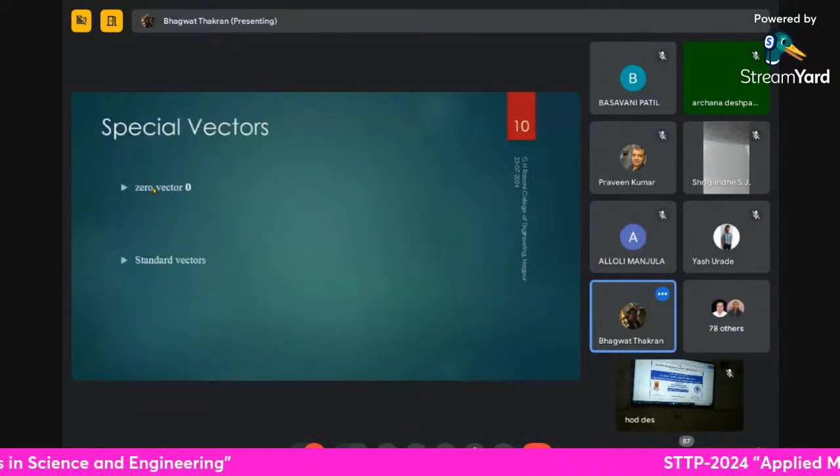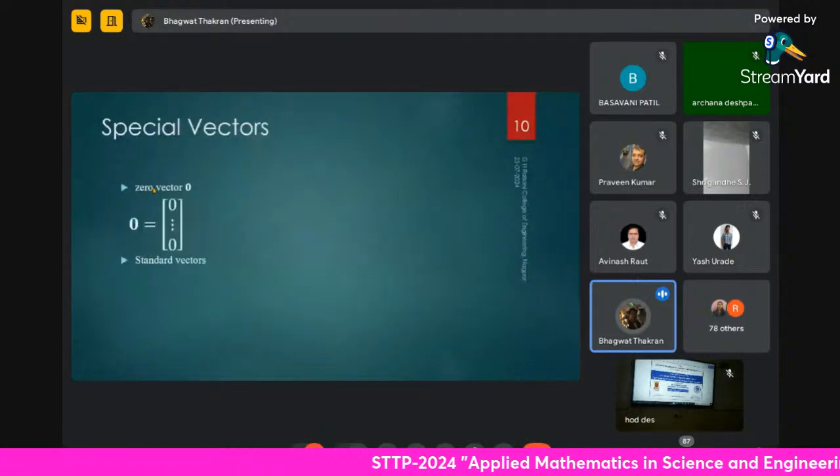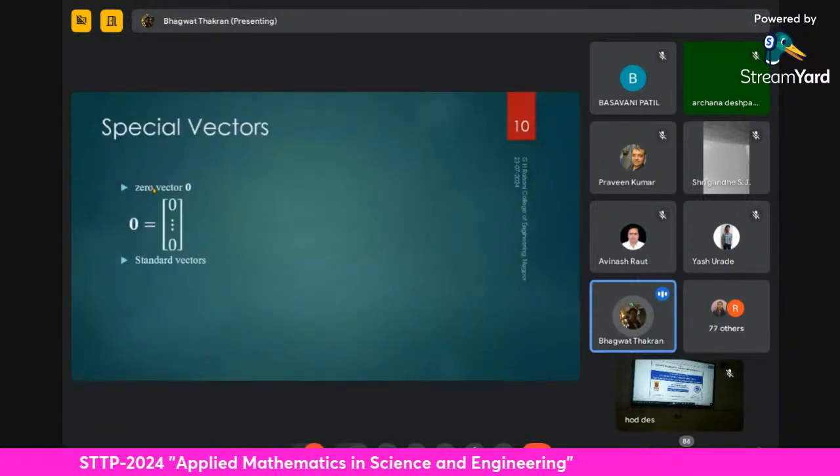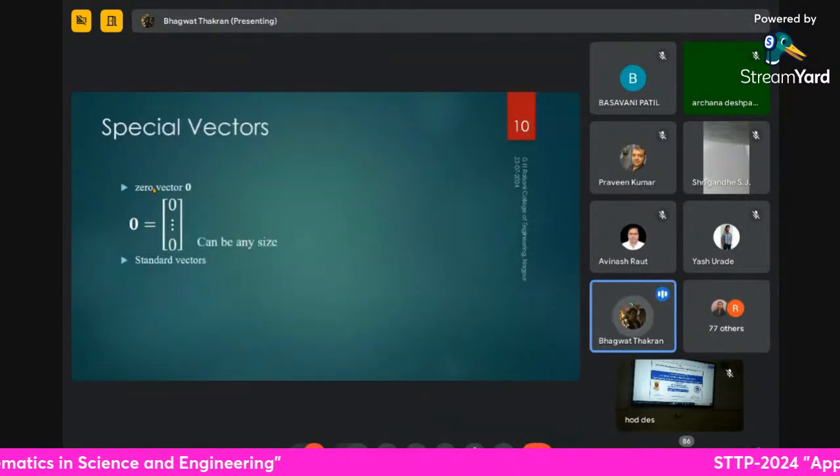There are some special vectors in the vector space. One is the zero vector, and this zero vector can be of any dimension or any size.